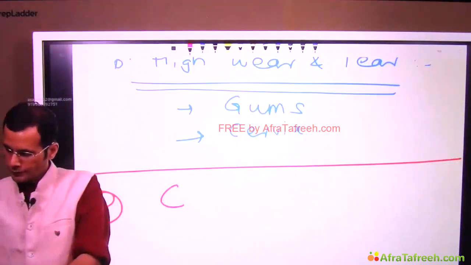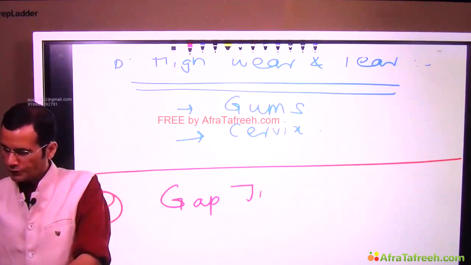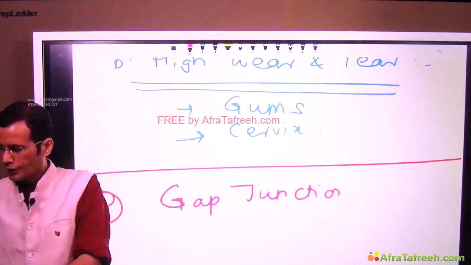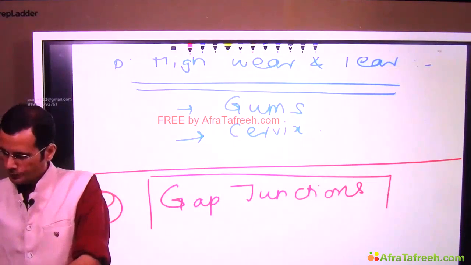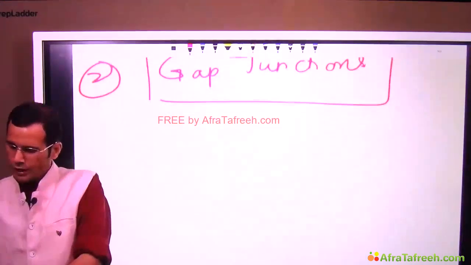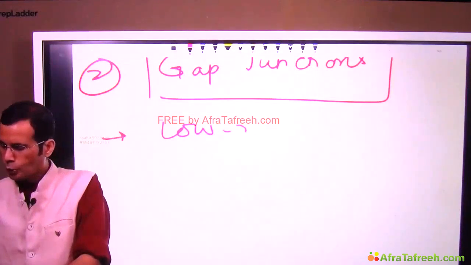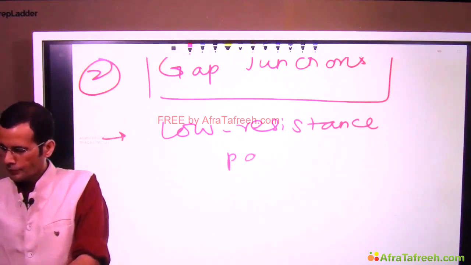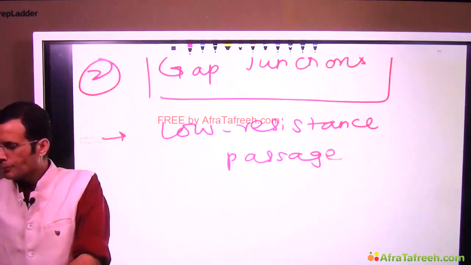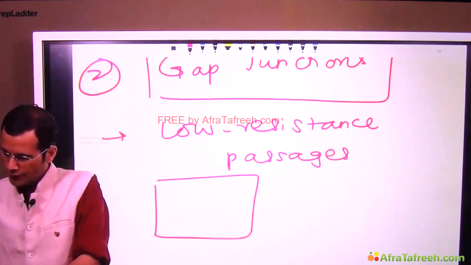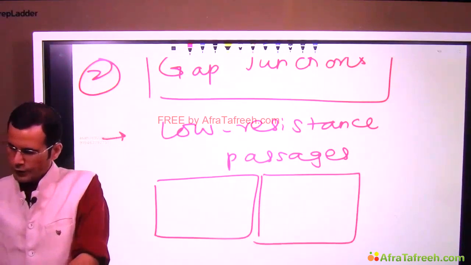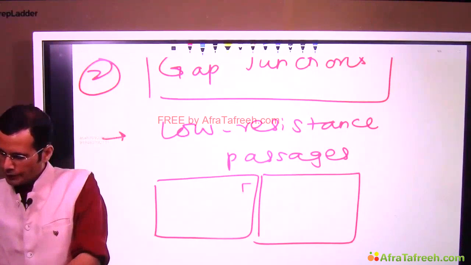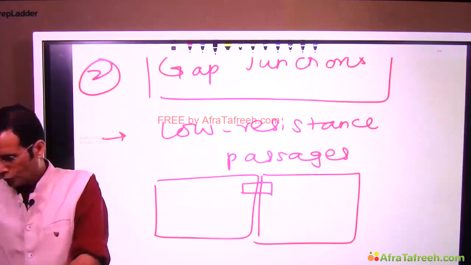Second type of junctional complex is called gap junctions. Gap junctions are low resistance passages. What do you mean by that? Look, here are two adjacent cells. They are connected by the gap junctions.